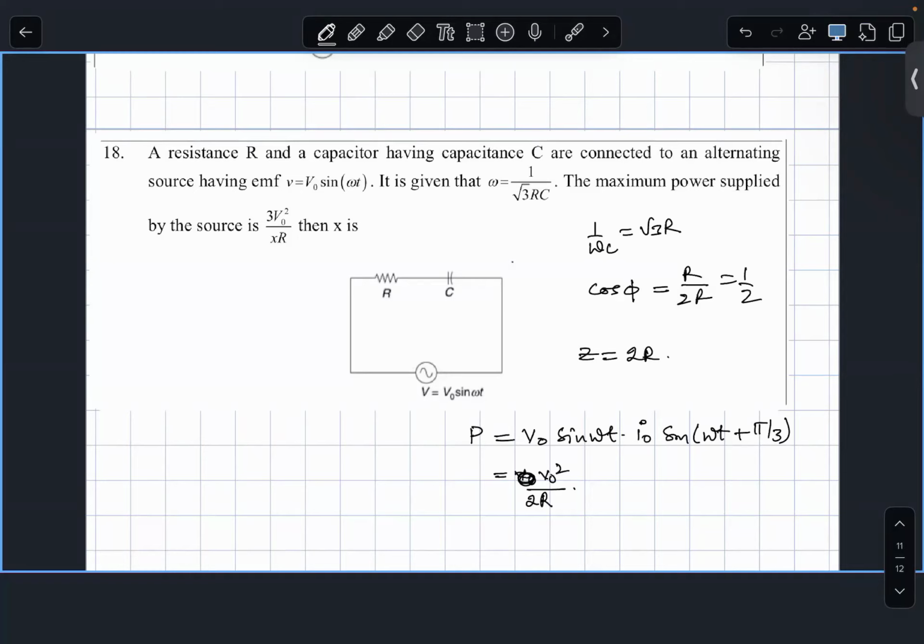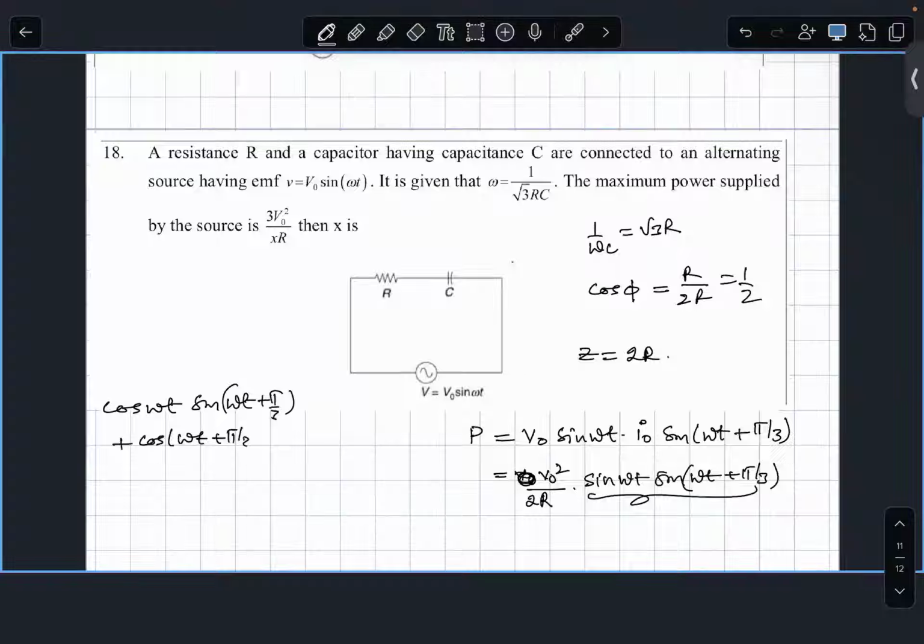V0²/2R sin omega t plus pi/3. ఇప్పుడు what is the maximum value of this function? cos omega t sin omega t plus pi/3 plus cos omega t plus pi/3 sin omega t.